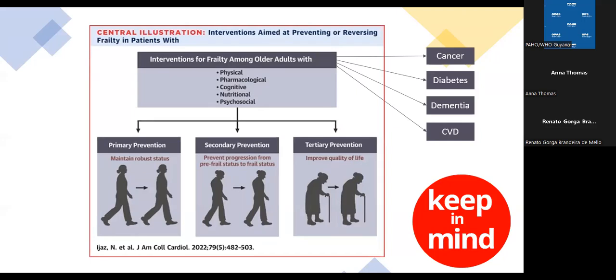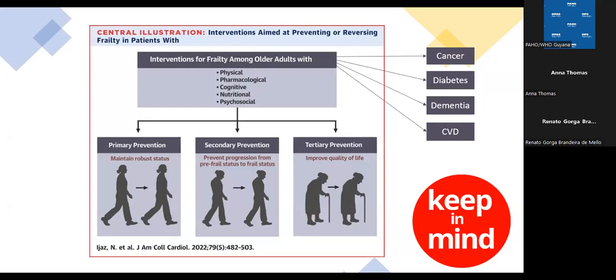So, if a patient is robust, let's give them guidance on how to keep like this, how to maintain the robust status. If a patient is pre-frail, the yellow subgroup I showed you a few slides back, let's consider this like secondary prevention.